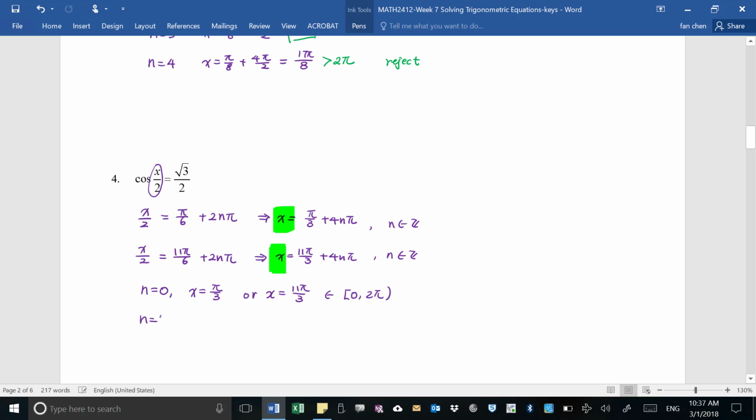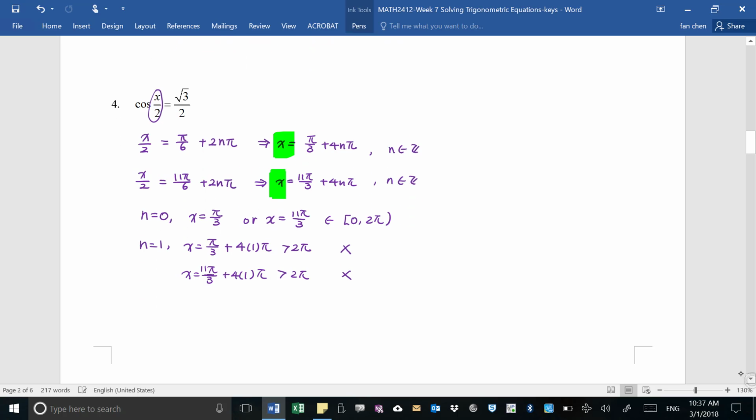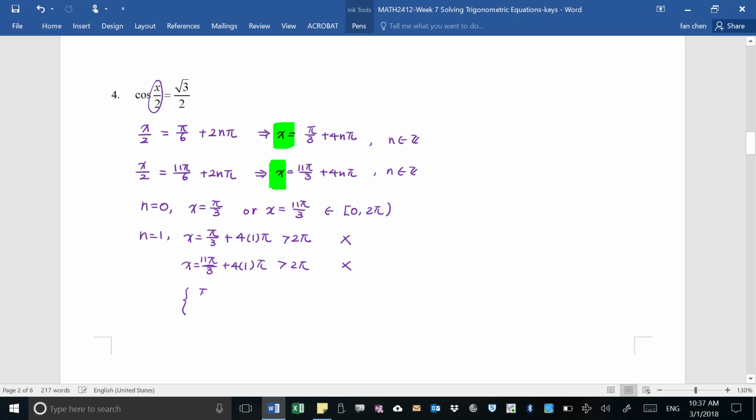And n equals 1, x equal to pi over 3 plus 4 times 1 times pi. Well, that is definitely greater than 2 pi. No. How about x equal to 11 pi over 3 plus 4 times 1 times pi? Also greater than 2 pi. No. Therefore, for this problem, the solution only has pi over 3.